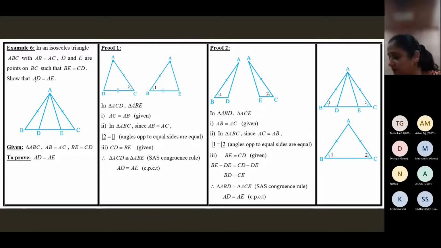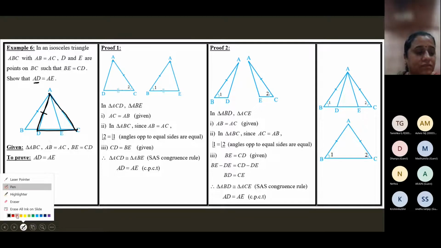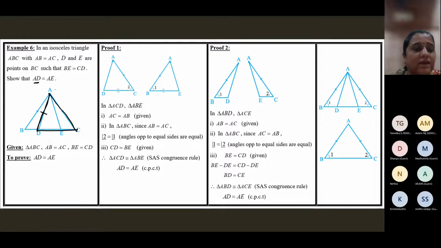So triangle, the triangle, I'm sorry. Triangle ADC has a side AD. That is why we take this triangle. And the triangle AEB has a side AE.